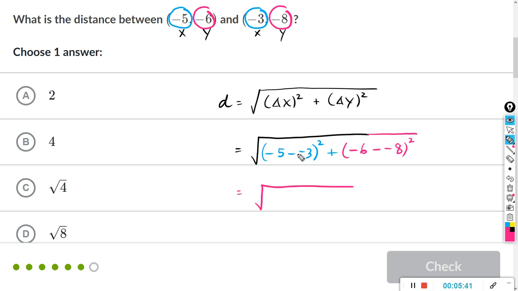Okay, two negatives in a row make it positive. Negative 5 plus 3 is negative 2. And that gets squared. Two negatives in a row make it positive. Negative 6 plus 8 is positive 2, and that gets squared.